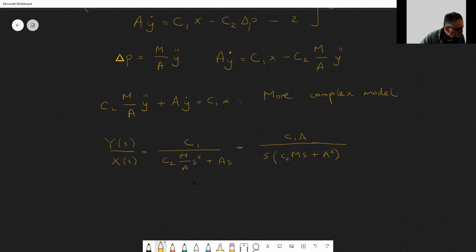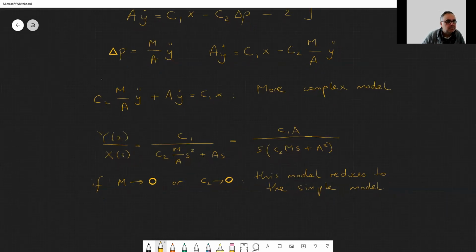On the other hand, interestingly, if C2 is 0, or if m is 0, this model reduces, let's say, to the simple model.